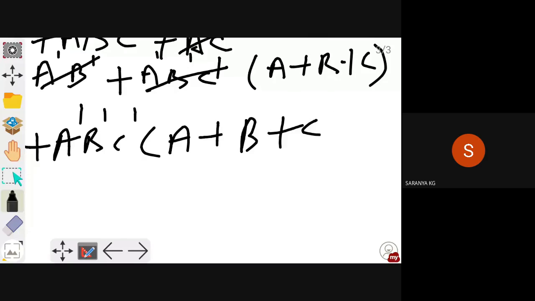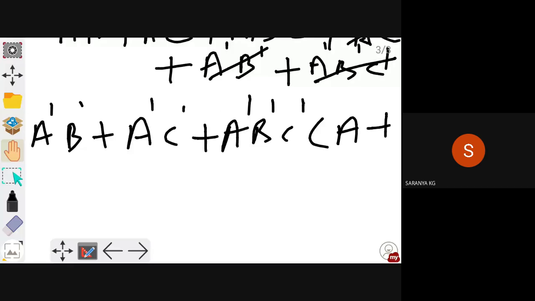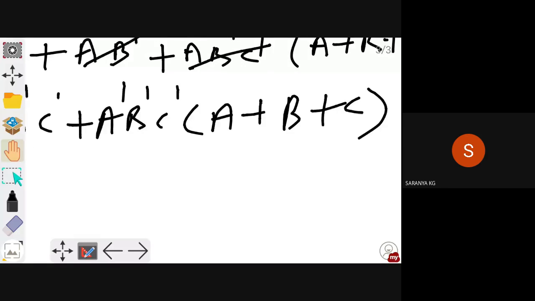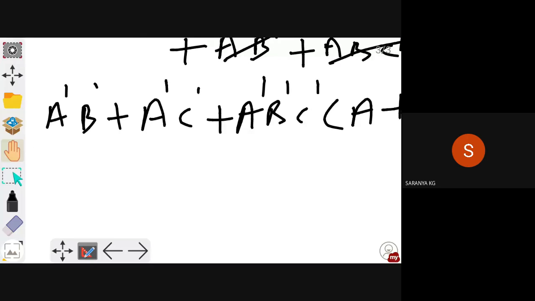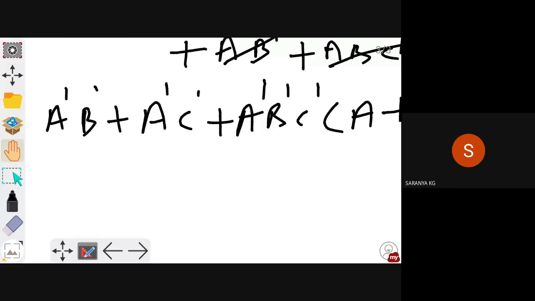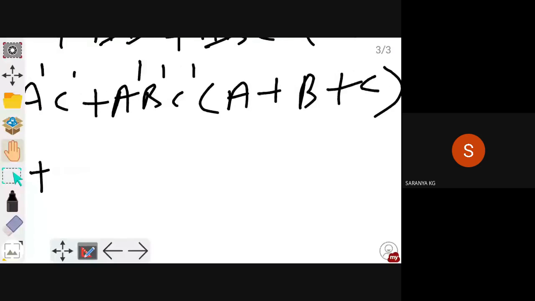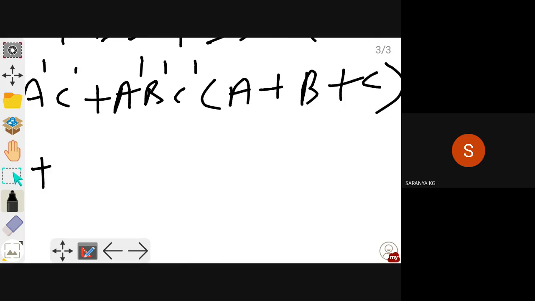So you multiply this. A dash into A will be cancelled, 0, because A into A dash is 0, and the second term B dash will also be 0. So you get only A dash B dash into C, plus similarly A dash C dash into A will become 0, you get A dash B into C dash, and then C dash into C will become 0.